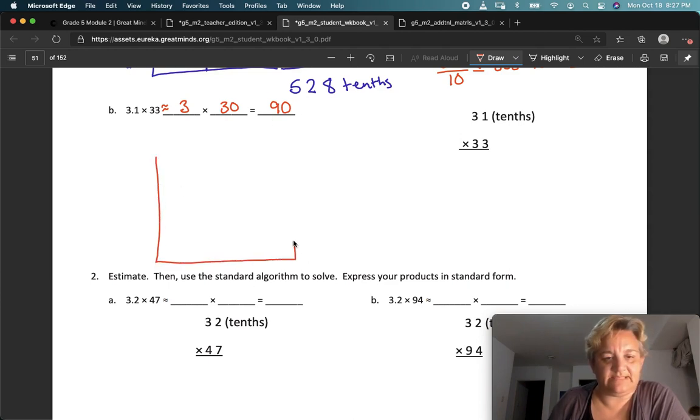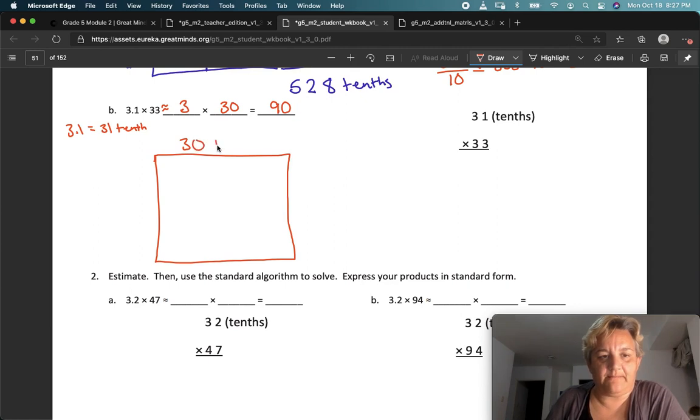Next, my standard algorithm, my area model. I'm going to call this up here tenths, so 31 equals 31 tenths, right? So 30 plus 1, and those are tenths.